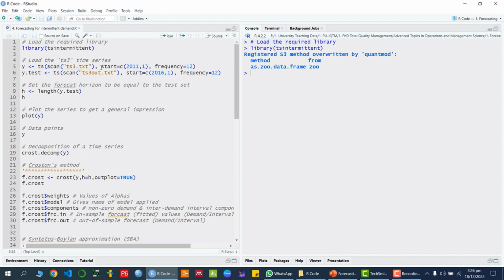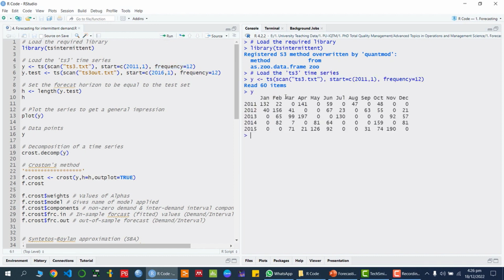With this command I am saying that the starting point of this time series is January 2011. Because it is a monthly demand, we set frequency equal to 12. I run this and then write down y, because we have stored the time series in the variable y.